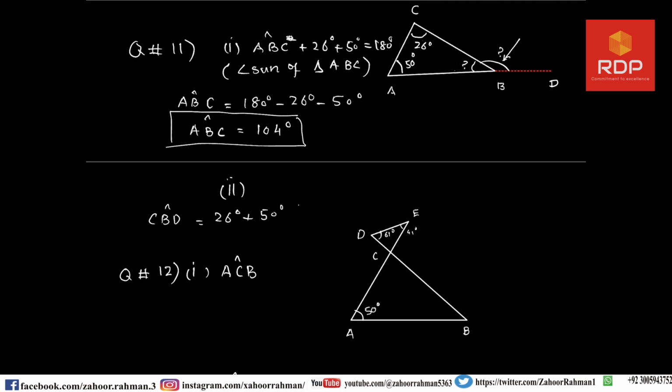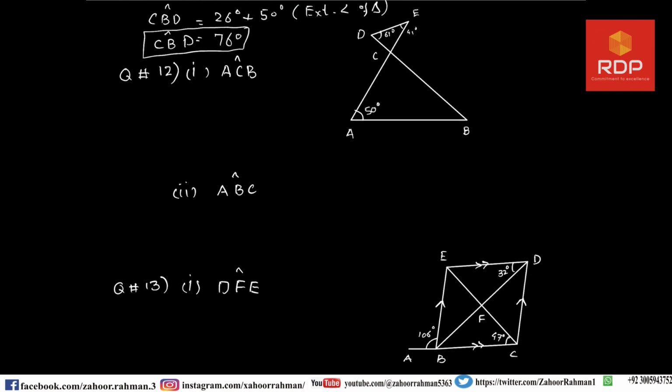I am writing it due to the exterior angle of a triangle. So when we calculate this, CBD is equal to 76 degrees, and that is the ultimate answer of this.